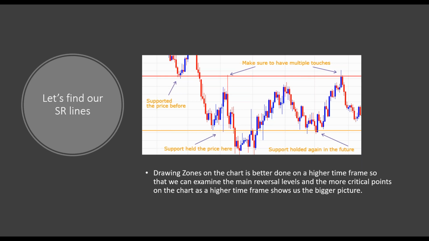You want to go back to a 1-hour chart, a 4-hour chart, a 2-hour chart, and find those levels that were critical, like we did in the little presentation. Then you can move into a 15-minute chart and find more short-term levels. On a 15-minute chart, those levels might help you identify an entry and exit point. On the longer chart, it will help you identify whether you're going to go in the market and buy or sell.